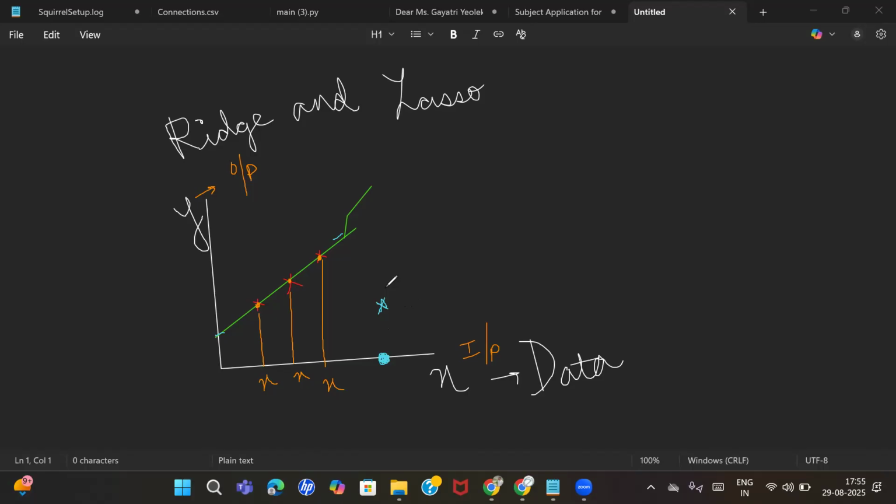Whenever our model doesn't perform well with the testing points, in short the test data and actual data, the model is performing good with my training data, but when I give new data, the model is not performing good. This case is called overfitting.